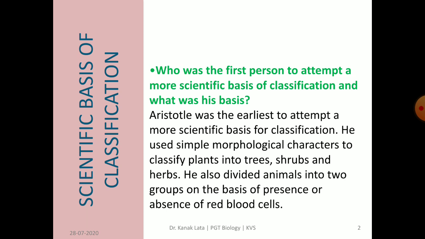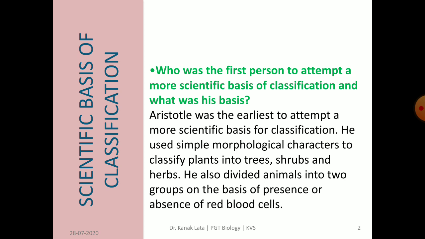First topic is about the scientific basis of classification. There have been many attempts to classify living organisms, but Aristotle was the first to attempt a more scientific basis for classification.